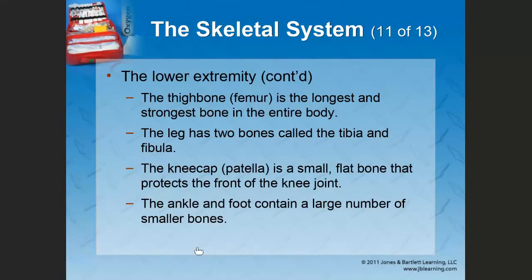The thigh bone is referred to as the femur. It is the longest and strongest bone in the entire body. The leg has two bones called the tibia. Tibia is the shin bone, and then you have the fibula, which is more lateral.